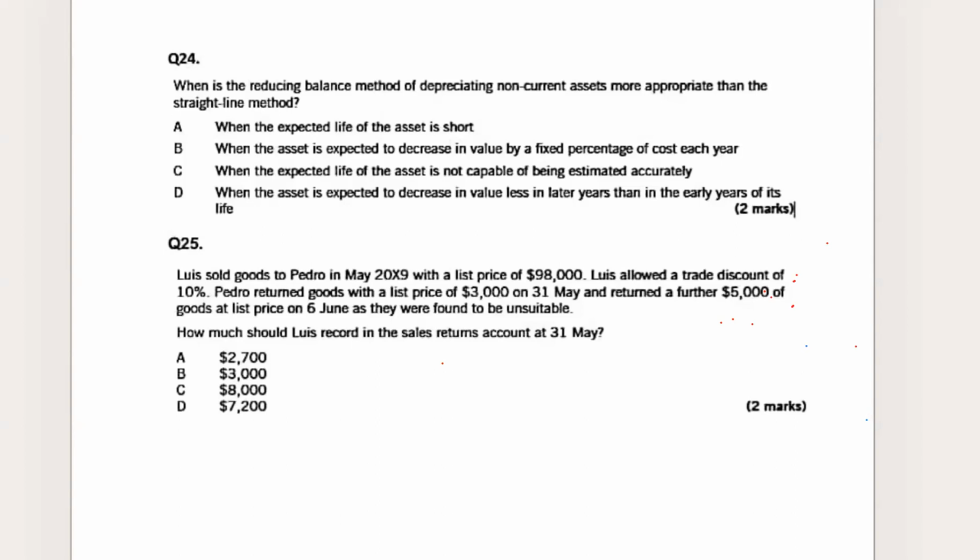How much should Louis record in the sales return account at 31st May? Should she record 3,000, 8,000, 2,700, or 7,200? How much should she record? I think 8,000.